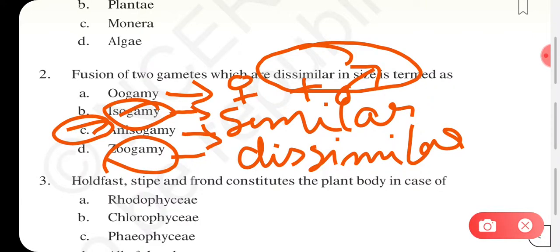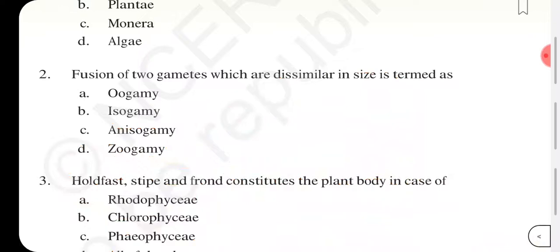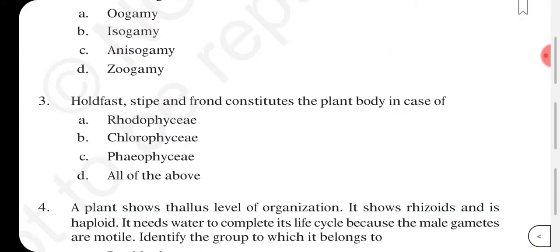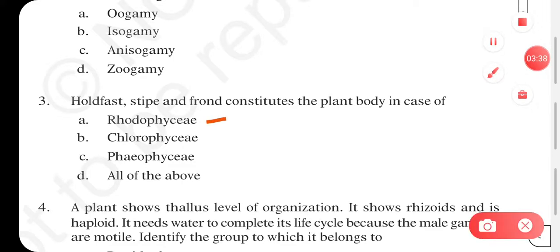Moving on to the next question: holdfast, stipe and frond constitute the plant body in case of. The first option given is Rhodophyceae. Rhodophyceae is a red algae. They have a red pigment called R-phycoerythrin present in them.